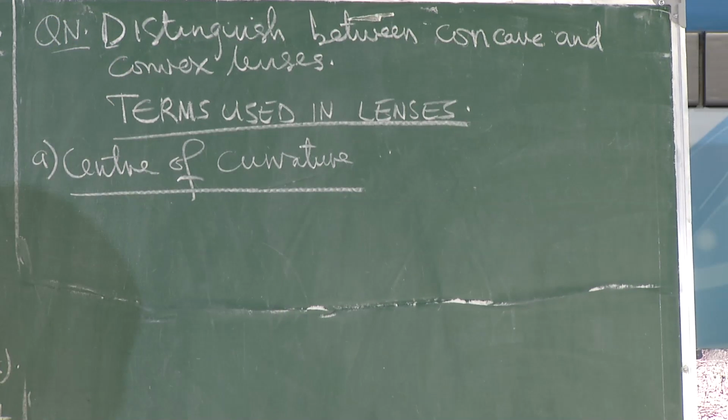Remember where we started from? We started by drawing a sphere, and we said that sphere must have a center, and that center is the one we are calling the center of curvature.